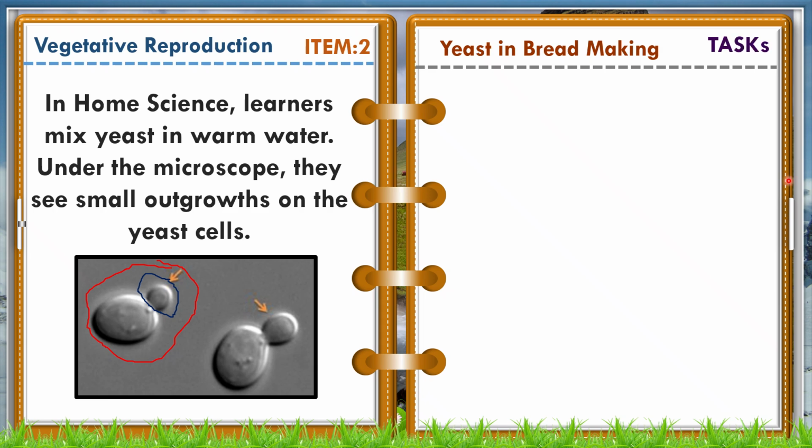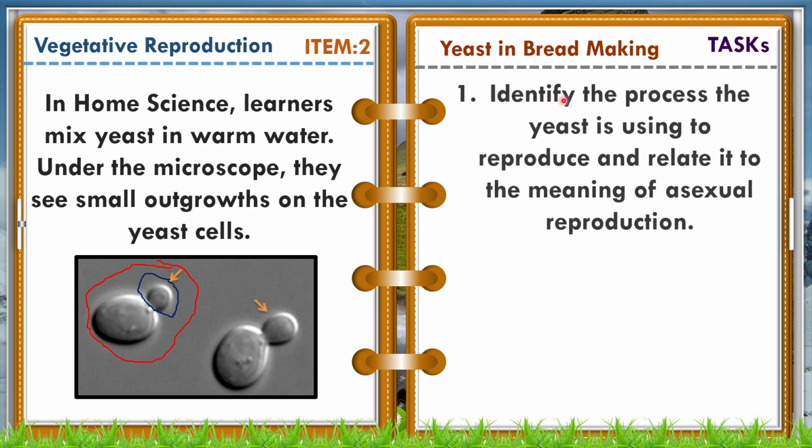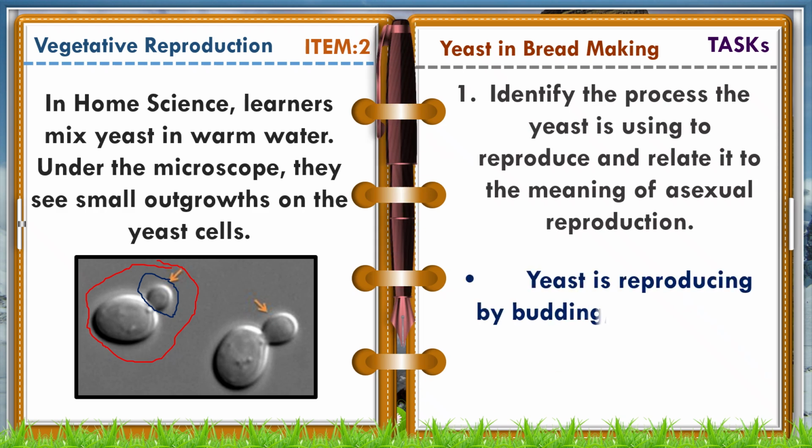Task: identify the process the yeast is using to reproduce and relate it to the meaning of asexual reproduction. Yeast is reproducing by budding, which is an asexual method.